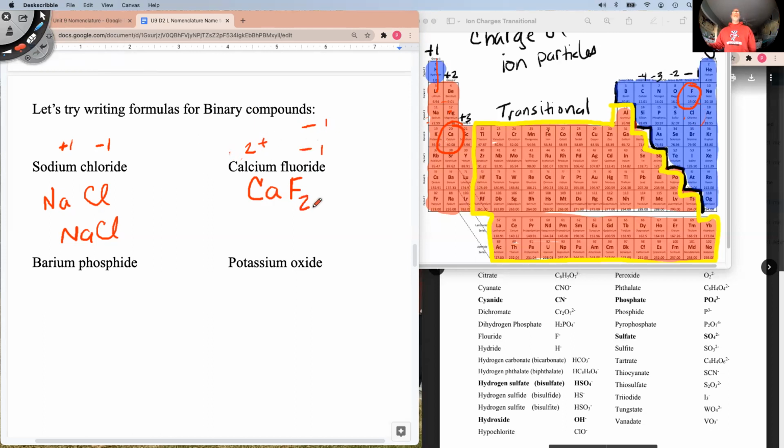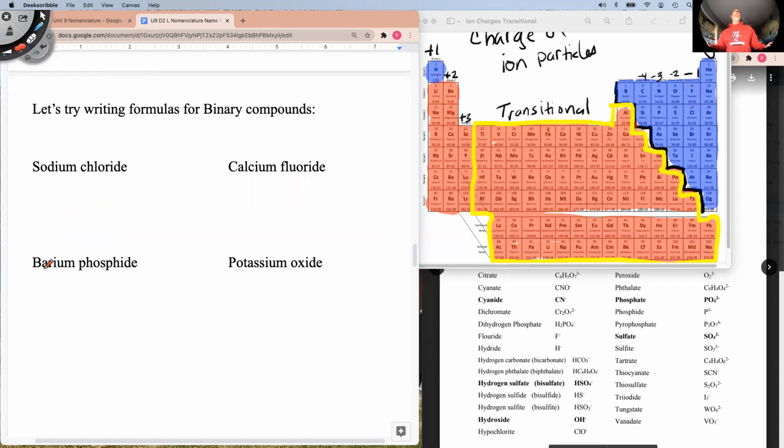So the formula would be CaF2. 1 calcium, 2 fluorides, so that the +2 balances out the 2 minuses, right? You have a -1, 2 of them. So this is a -2 side. That's a +2 side.